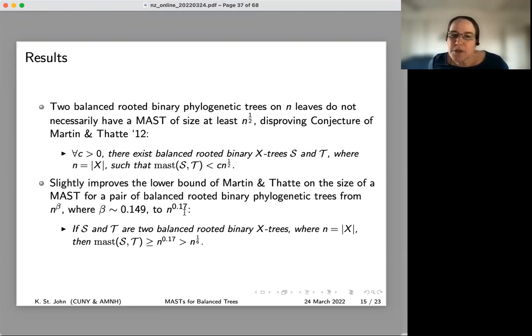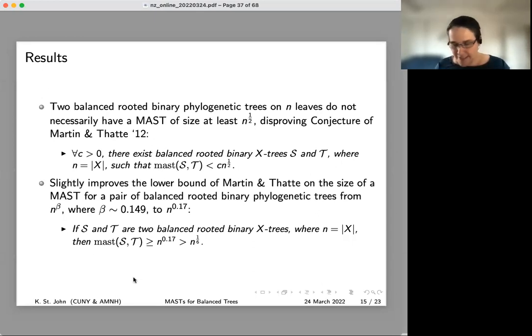What were we able to do? We were able to get it to something a little bit better, a little bit bigger than n to the 1/6. Okay, so not great, but improvements. Okay, so let me show you, any questions so far? Hopefully all of this is clear.